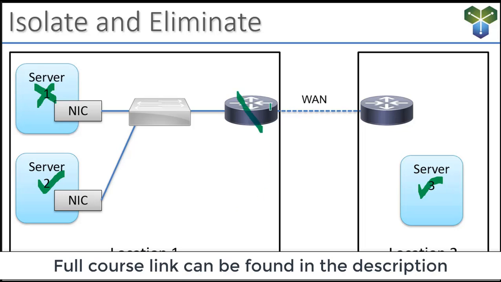I know it's probably not my router. I know it's not my wide area network connection or this other router. I know it's probably not my Ethernet switch, and if it is, it's something that's configured directly on the port connected to server 1. This is what I mean by eliminating potential causes. Now I have a very small subset of things to look at.